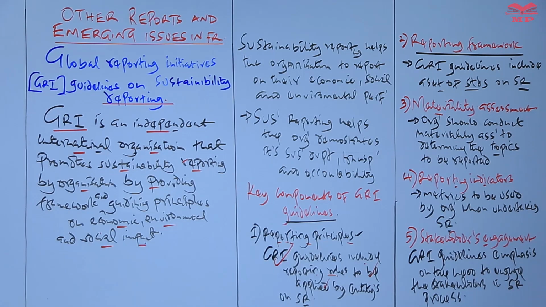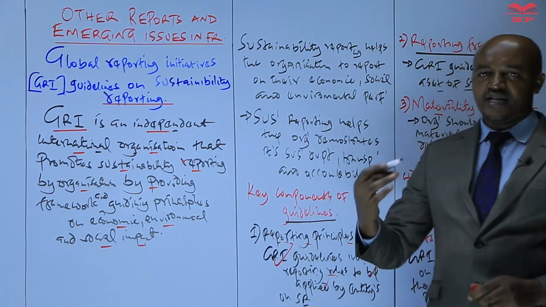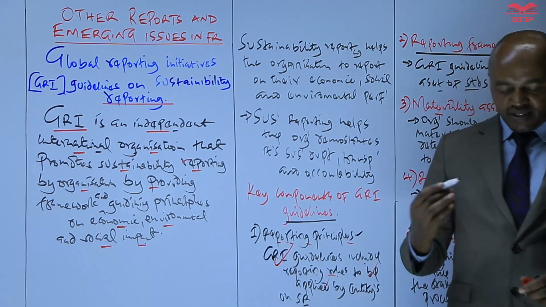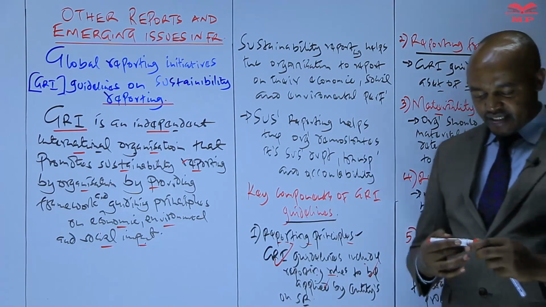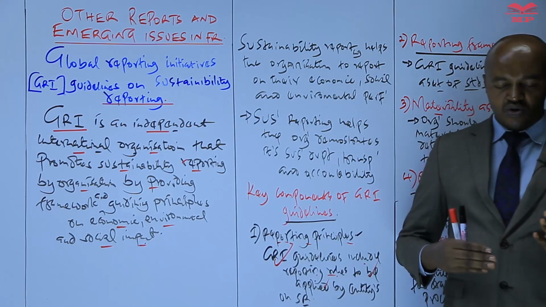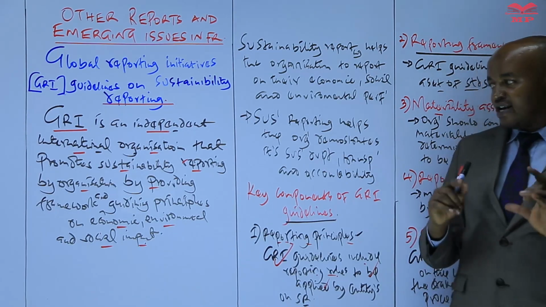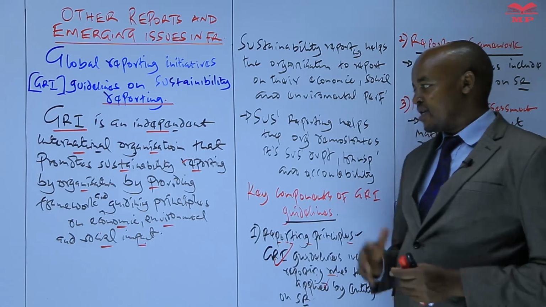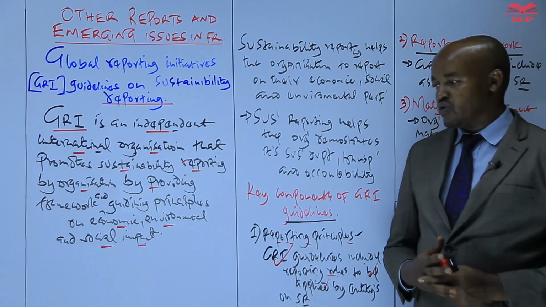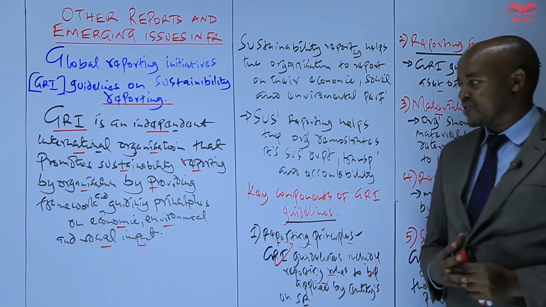So the guidelines issued by the Global Reporting Initiative insist that the organization needs to engage the various stakeholders in the sustainability reporting process. And actually, we have said that engagement of the stakeholders is very important. It basically helps the organization to report on relevant topics as far as the three aspects we have mentioned here are concerned: the economic, environmental, and also the social performance aspect of the organization.